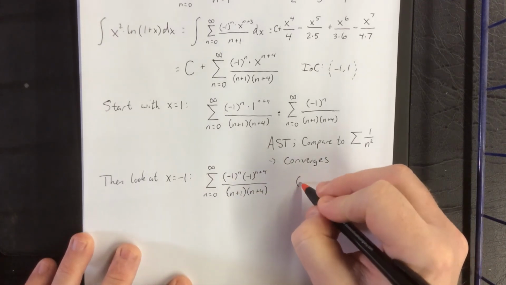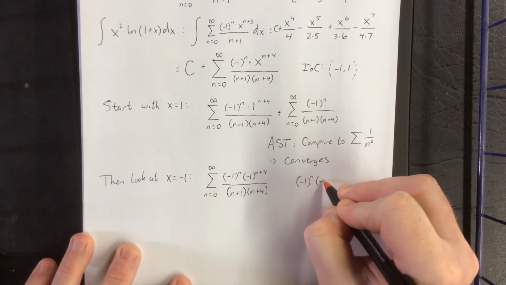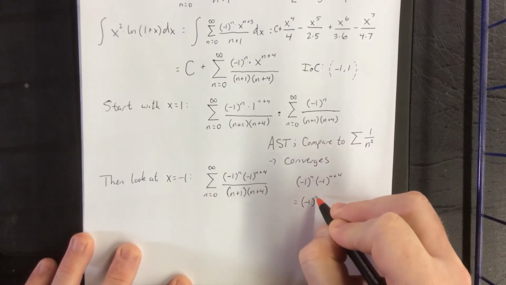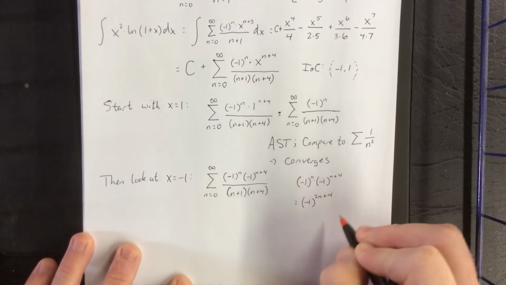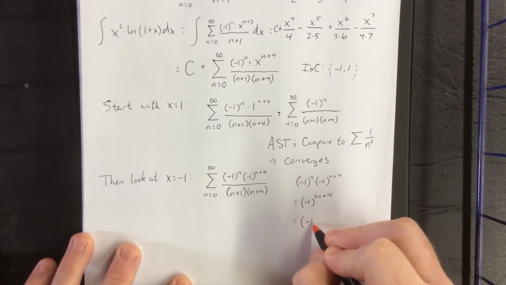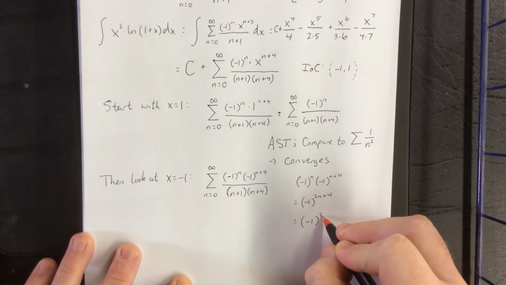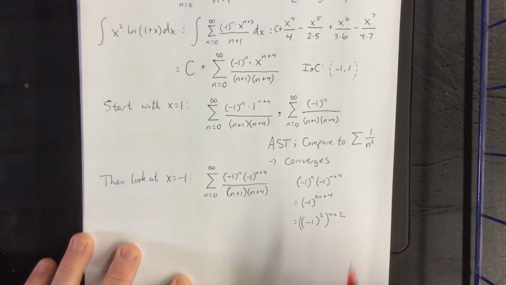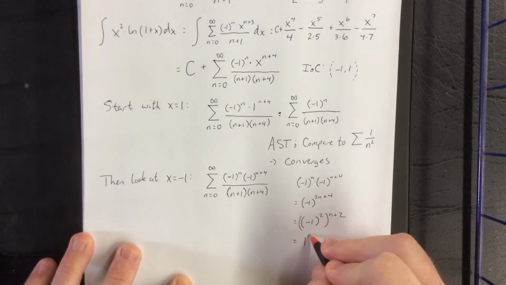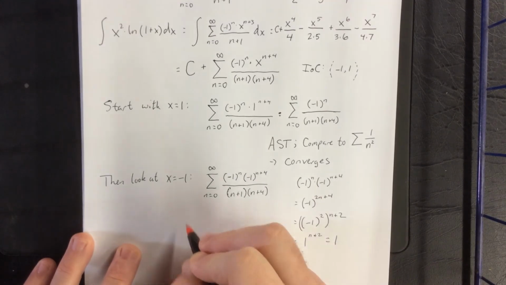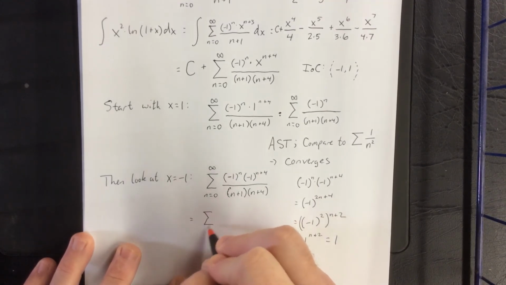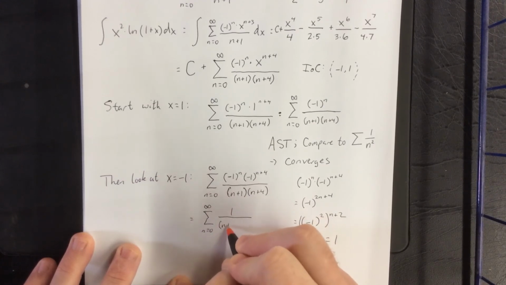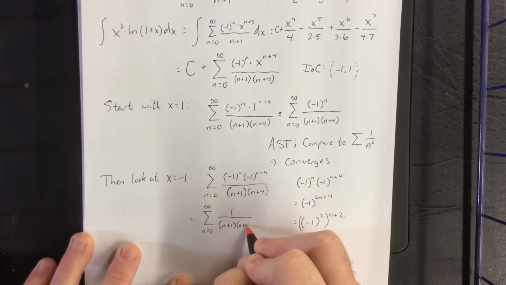After you do a little bit of work with the negative 1s, negative 1 to the n times negative 1 to the n plus 4, that would be negative 1 to the 2n plus 4 power, which, if you factor 2n plus 4, that'll be 2 times n plus 2. Well, negative 1 squared is 1, and 1 raised to any power is just going to be 1. So this would be 1 over n plus 1 times n plus 4.